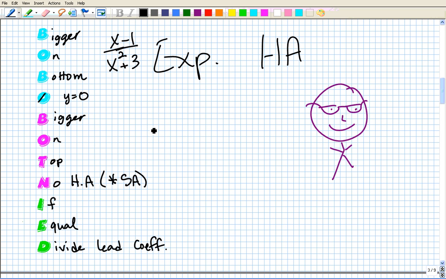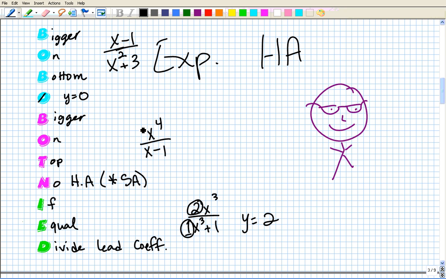If it's bigger on the top, that could be something like x to the 4th over x minus 1. That means there'll be no horizontal asymptote. And if it's equal, you'll divide the leading coefficients. So if you had 2x cubed over x cubed plus 1, then you would divide the 2 by the 1 right here, so that would be y equals 2.